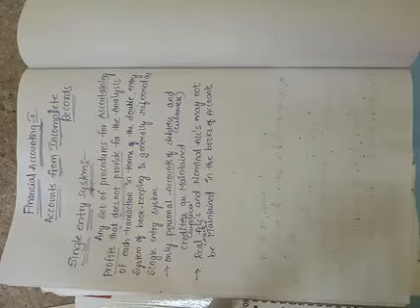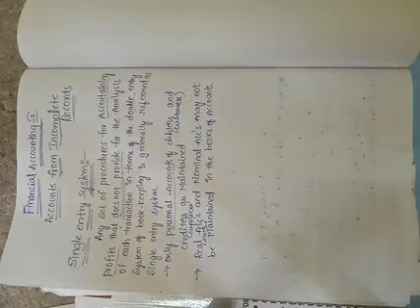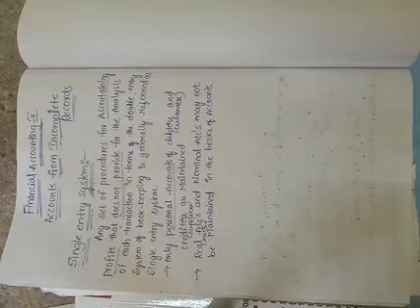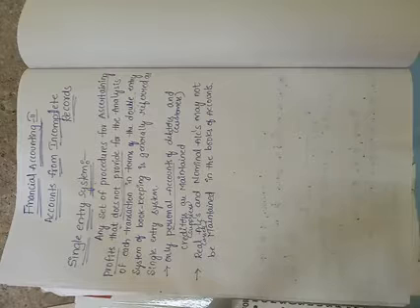Assets are classified into two types: current assets and fixed assets. Current assets means the assets which can be converted into cash easily within a period of 1 year. For example, debtors, stock, bills receivable, like that.